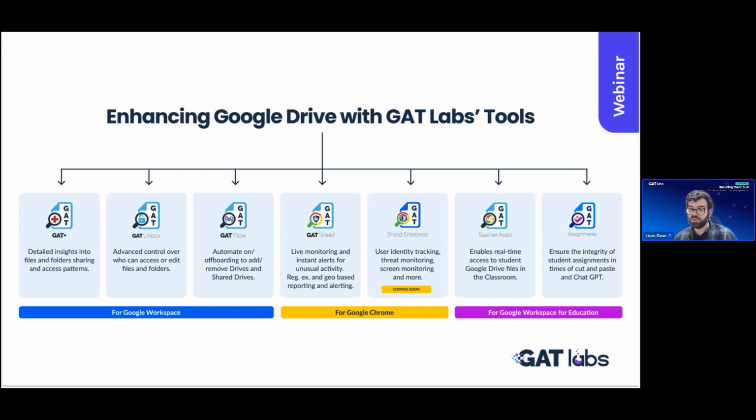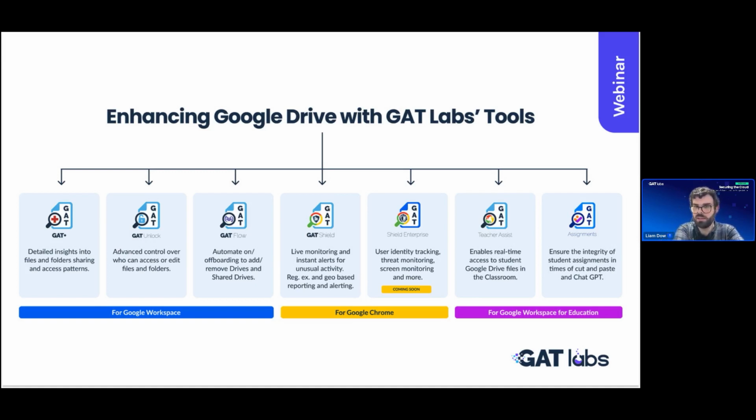So, whether that is a user account's been suspended, so that means they're leaving the organization. Therefore, I should do all of these different activities as part of offboarding to secure their data, but also not have to keep paying for licenses, which can add up. But you could also have it work alongside GAT Plus.